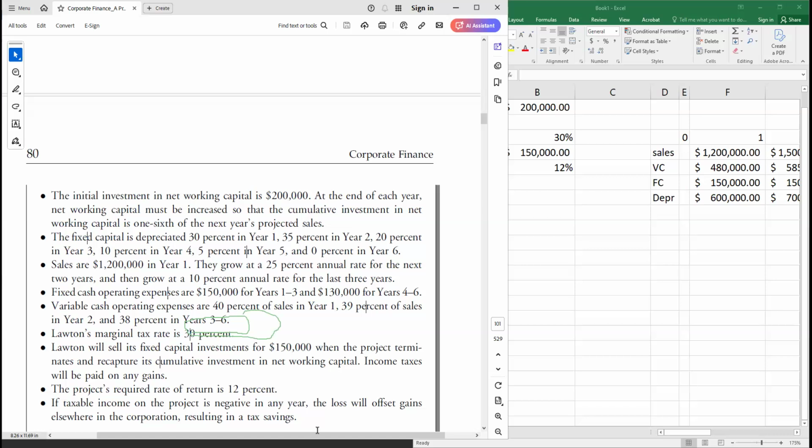Sometimes when the book value is more than the salvage value, you don't make any gain here. You incur a loss. That means you're not going to be paying any income tax. That was the case of the quiz that we had.